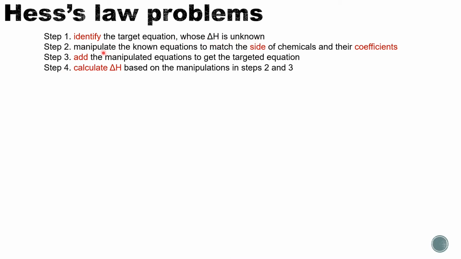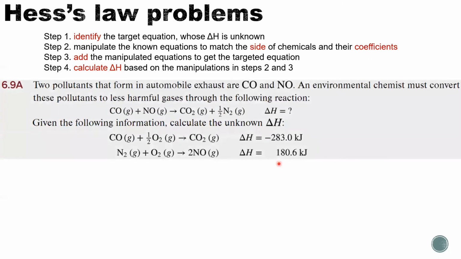And the second step is manipulate the known equations to match the side of chemicals and their coefficient. And step 3 is add the manipulated equations together to get the targeted equation, and then finally calculate the delta H, based on the manipulations in steps 2 and 3. So let's take a look at an example.